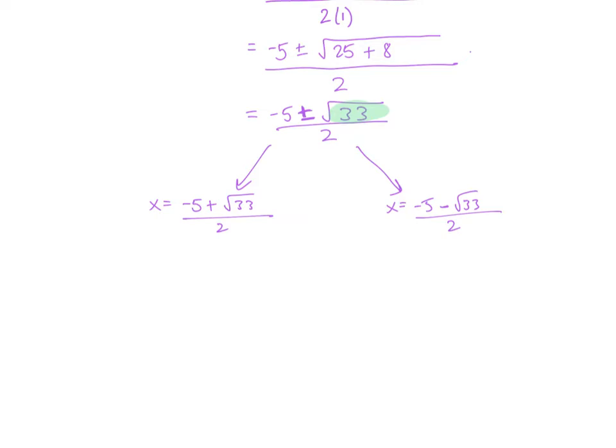So for me to put this in my calculator, I'm going to choose a different color to kind of help us out. What I'm going to do is first start off putting a parenthesis. Then after that, I want to start typing in -5, and then I'm going to hit my plus sign. And I'm doing it with you as well.